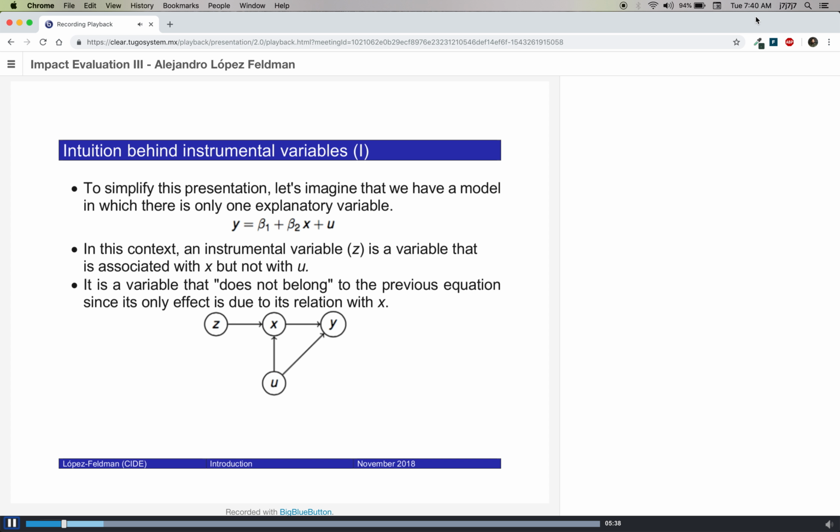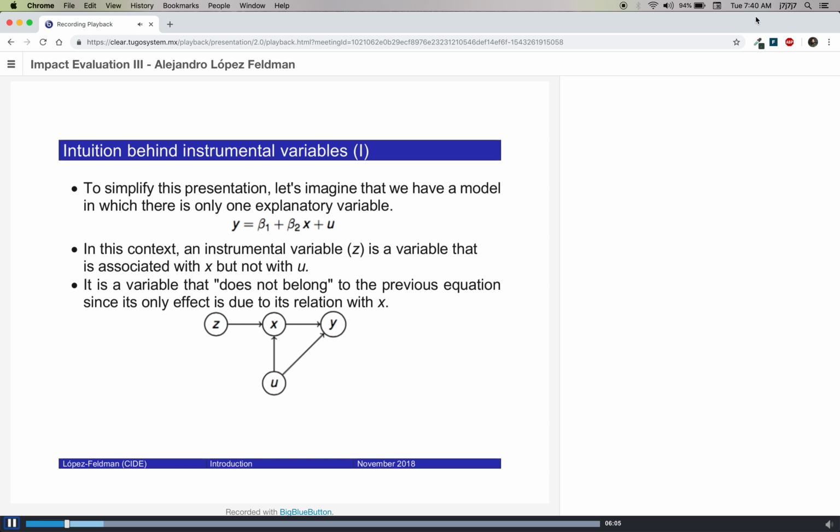So what we have in the previous diagram, if we want to analyze this in a more formal way, we could talk about the different properties of the instrumental variable. It has two properties. It has to be exogenous and it has to be relevant. So what does it mean that it is exogenous? It means that it is not related to the error, as for instance in endogeneity, where the variable is related to the error.